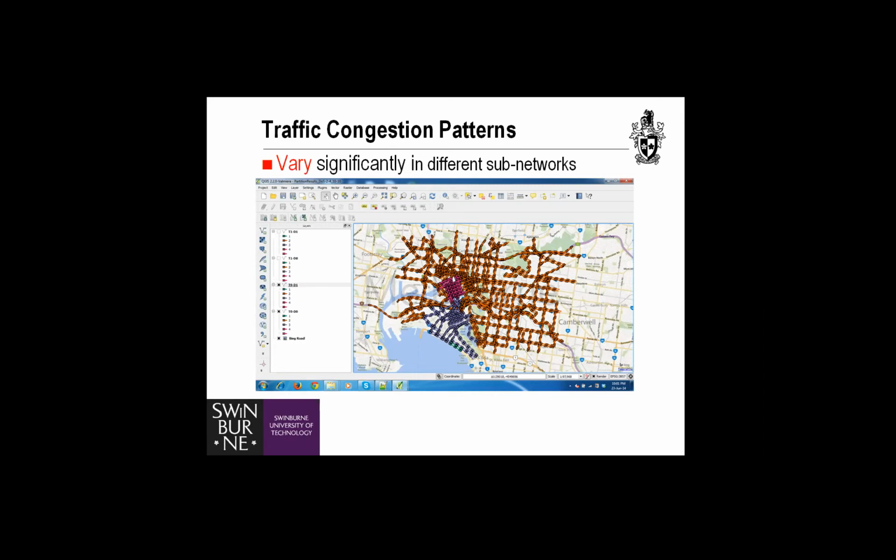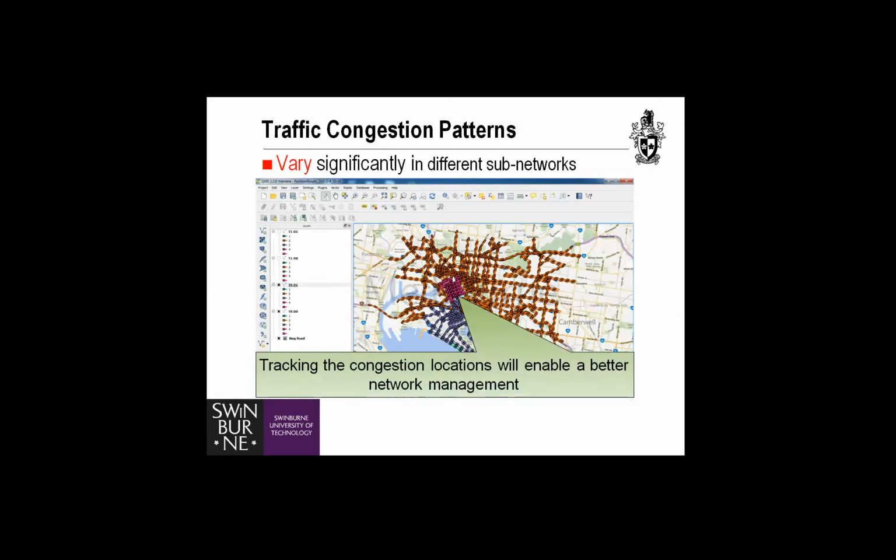Then in the evening, when offices start closing, people start moving outside, and the congestion moves back towards the outer areas. We can develop methods to track these congestion locations to enable better network management. This can aid in 2 ways.